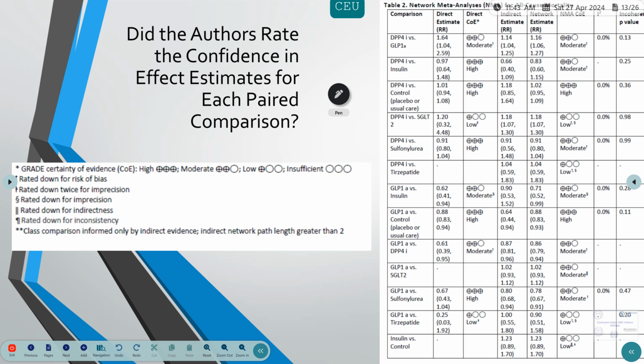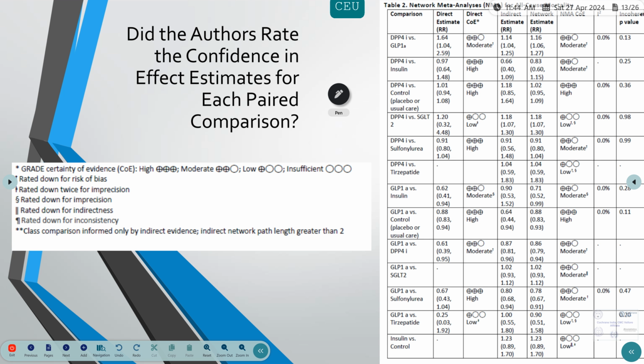Based on this, you grade different studies and comparisons. Usually the categories are high, moderate, low, and very low. Here they have put it as insufficient, and these are the different categories. It is usually based on risk of bias, imprecision, indirectness, inconsistency, and publication bias.